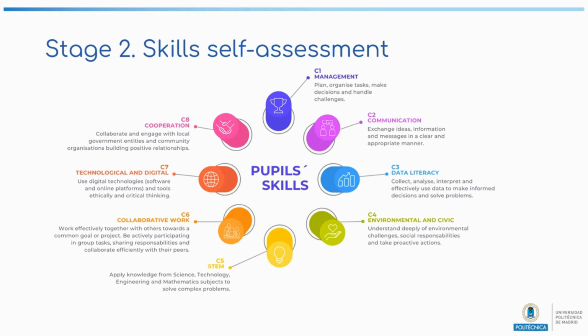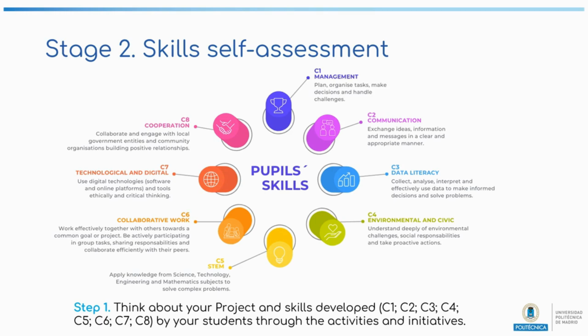You can stop the video to read carefully the skills description. This mid-term assessment is a good moment to reflect on if the project is promoting the development of these skills in their students through the activities carried out. So, step 1 would be to reflect on them.